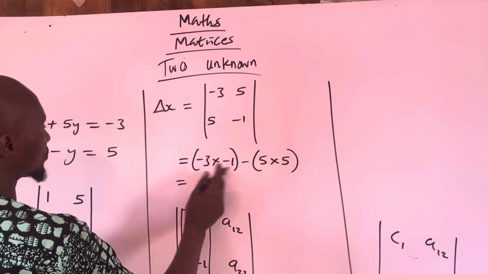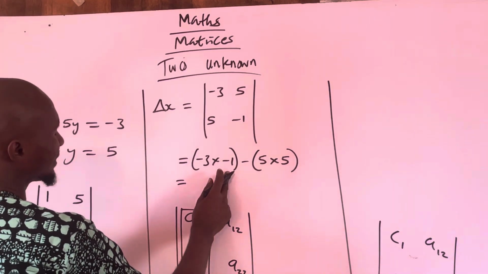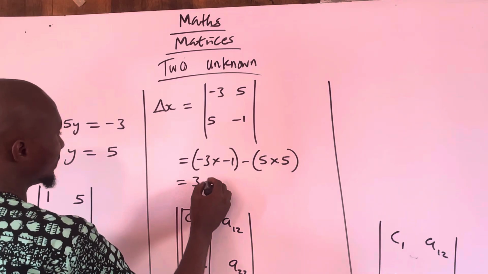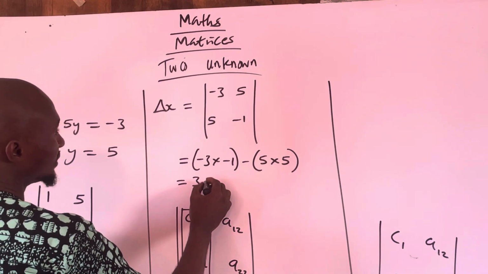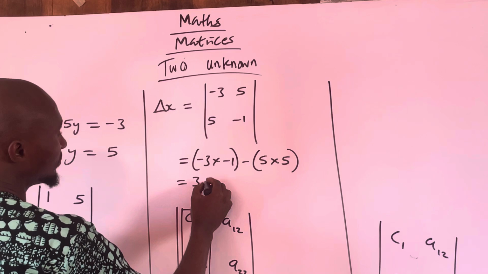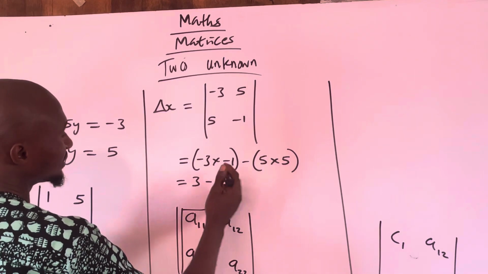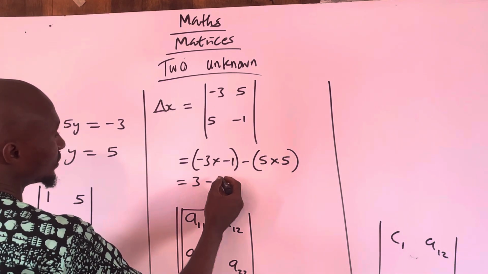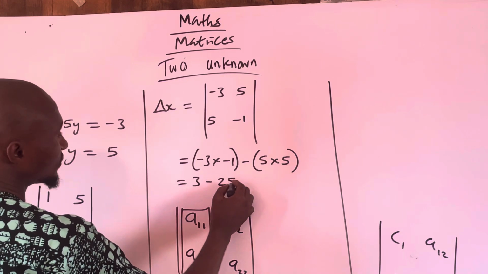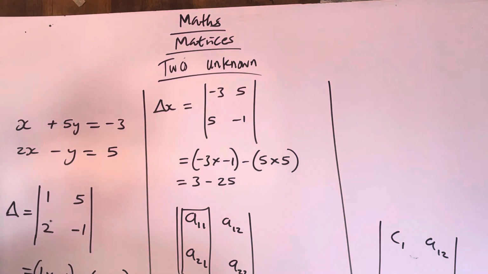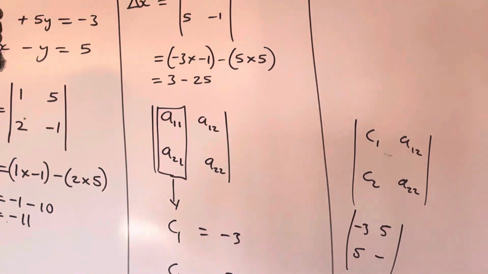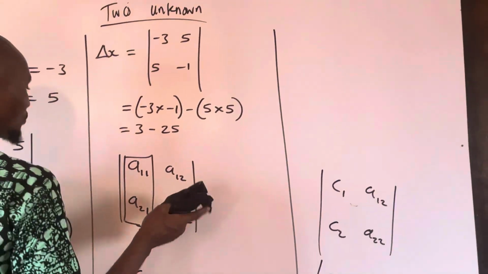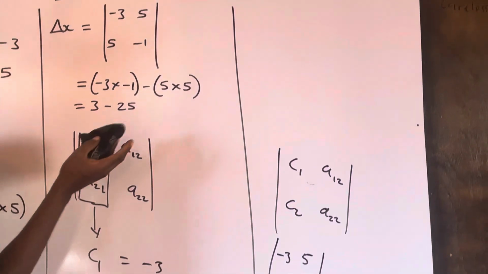This will give us minus 3 times minus 1 gives plus 3, then minus 5 times 5 will give us minus 25. So what are we going to have here? We're going to have minus 22.